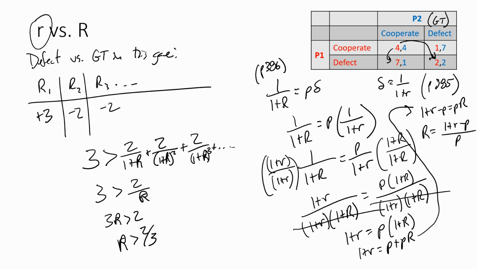That's, again, not incredibly clear and easy to see, but let's take this and come back over to our solution for this. So if we have 1 plus r minus p over p greater than 2/3.